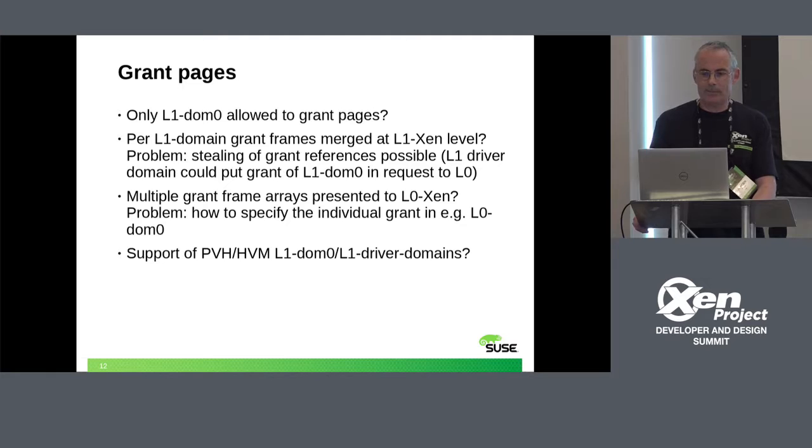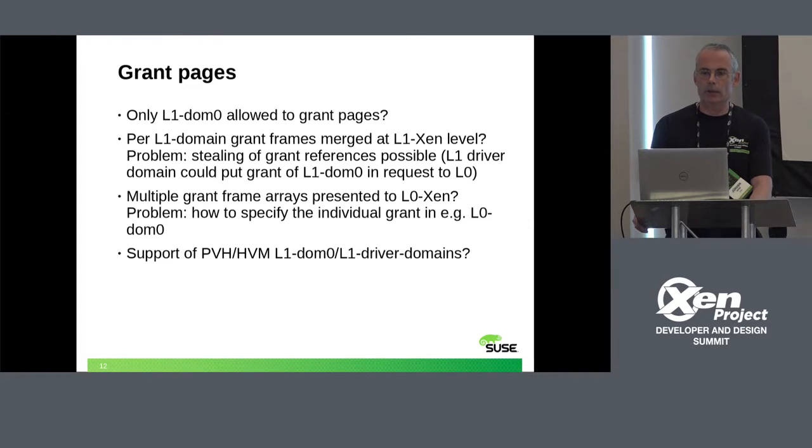And when we use multiple domains using such frames and passing down the grants one level deeper, there's a problem that the level 0 hypervisor won't have any idea which of the level 1 domains is granting a page.